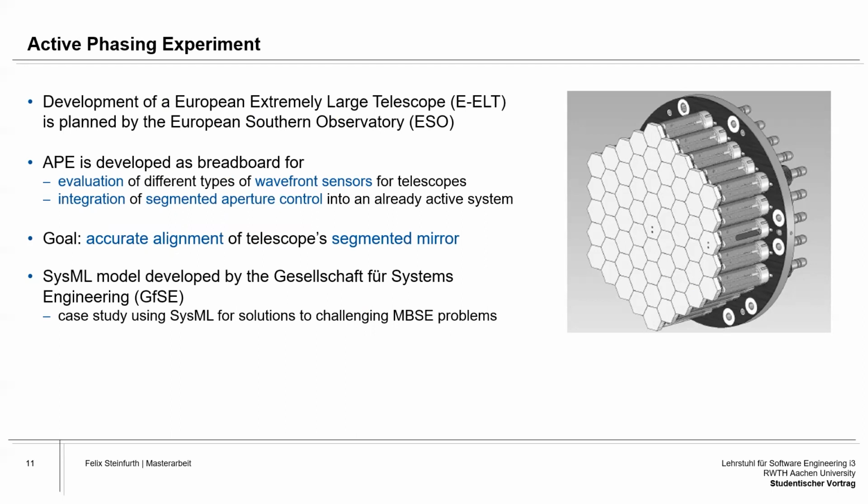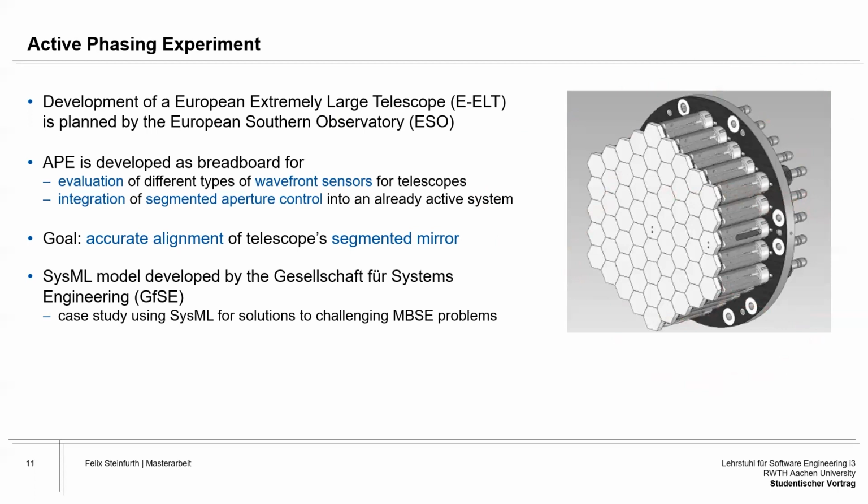The goal of the Active Phasing Experiment is to provide an accurate alignment of the telescope's segmented mirror, which can be shown on the right-hand side here. This is the segmented mirror, and the goal is to provide a nanometer accurate alignment of those different mirror segments.